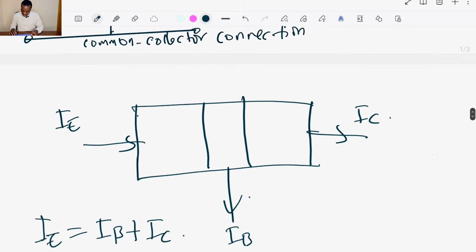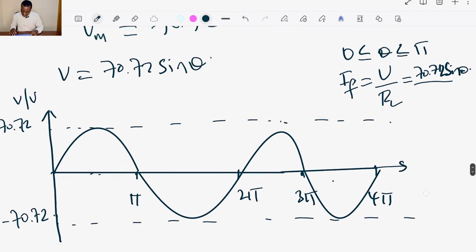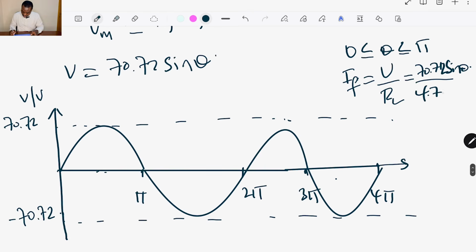So we have this divided by 4.7, which gives 15.05 times 10 to the power 3 sine theta.